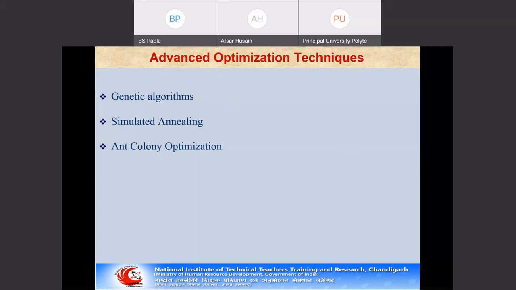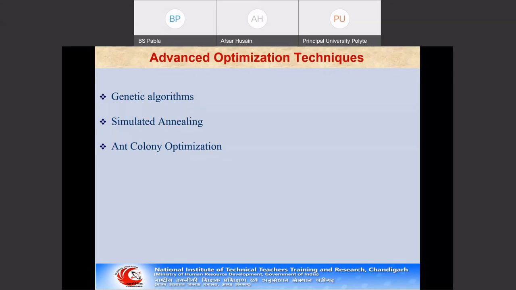Right? People say that when a lioness gives birth to many cubs, those who cannot walk or who have some problem, the lioness kills them at that stage. Only the healthy ones she will carry. Similarly, simulated annealing. Simulated annealing has come from mechanical engineering. We have the annealing process.